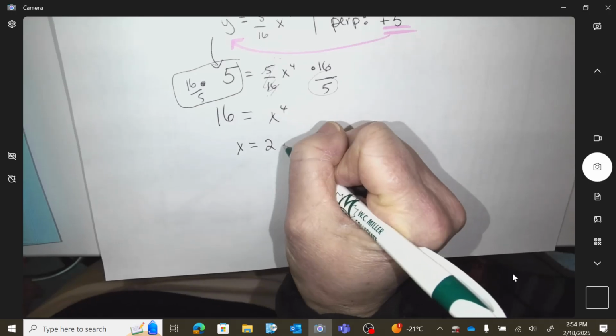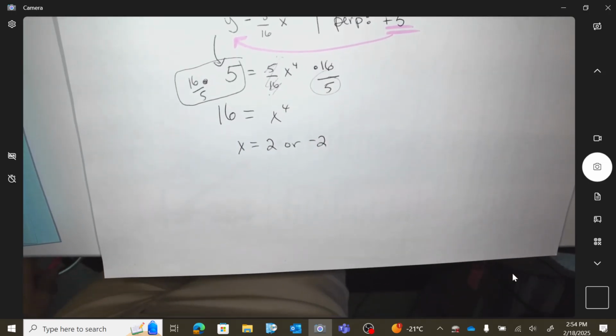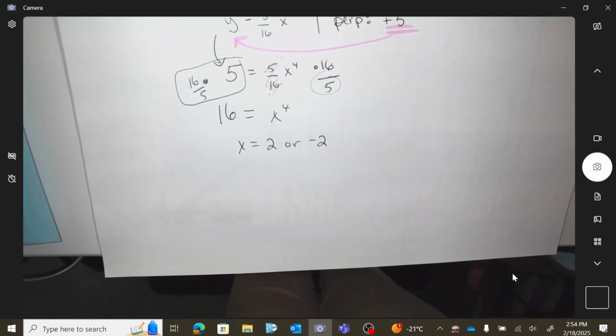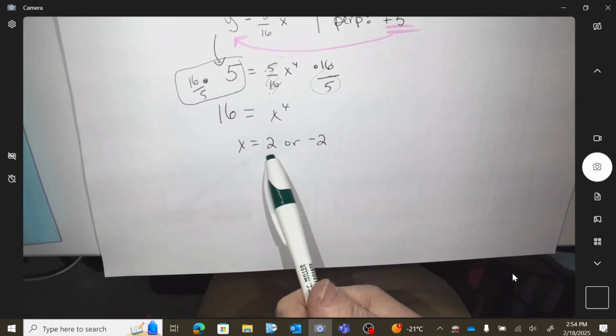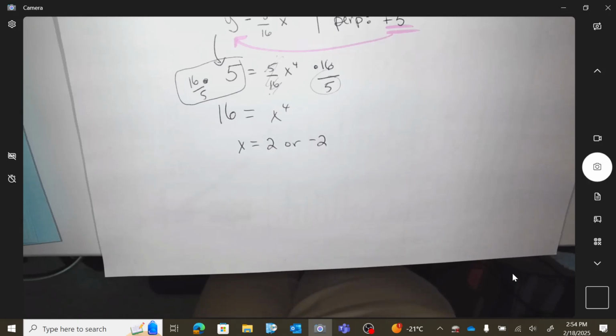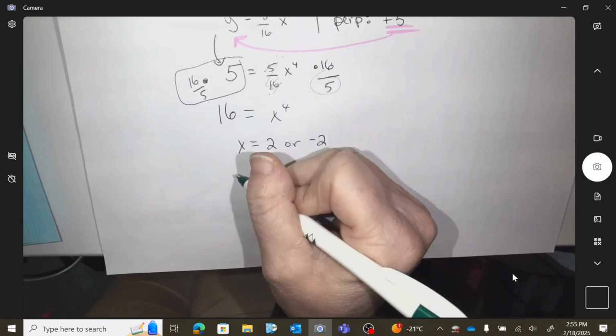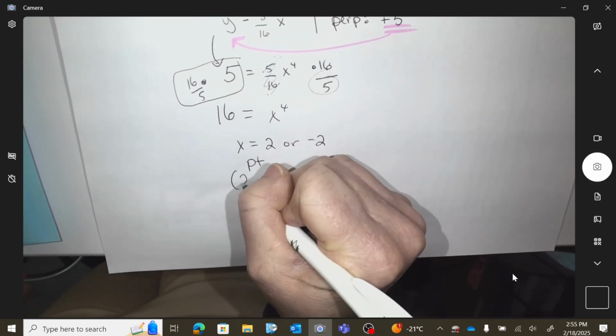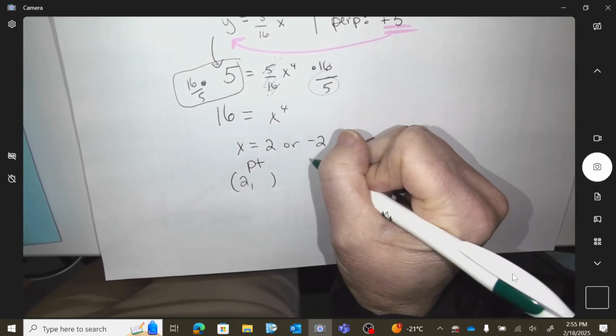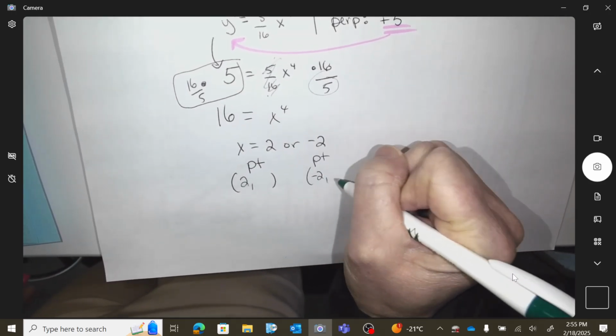Negative 2. Okay, so guess what? You are going to have 2 options for answers because you could have had x be 2 or negative 2. Can you just do plus and minus? Well, we have to get a coordinate here. So remember, we're going to have a point 2 comma blah or a point negative 2 comma blah.